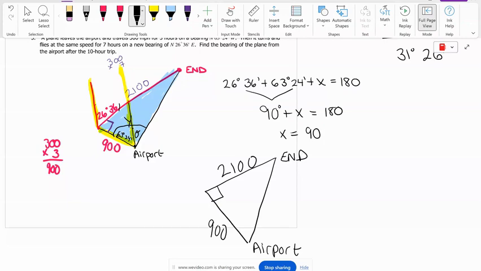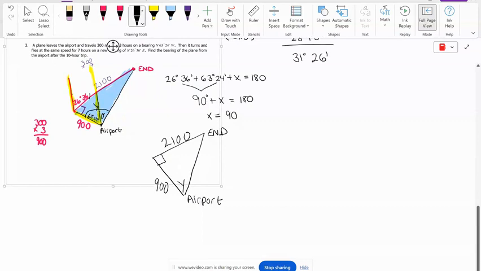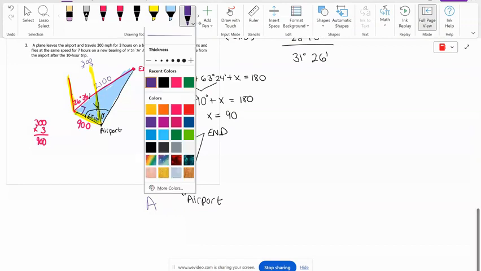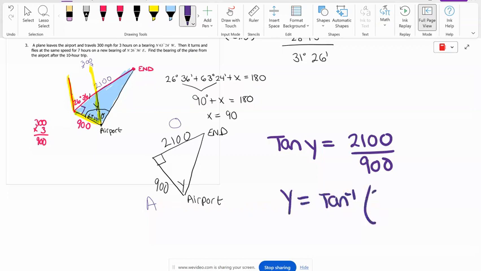So let's call this y. And we have opposite and adjacent. So we have tangent of y equals 2100 over 900. Y will equal the inverse tangent of 2100 over 900.